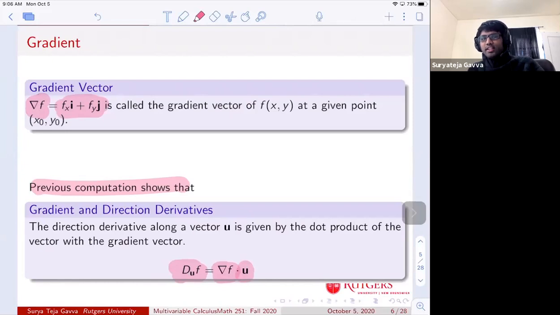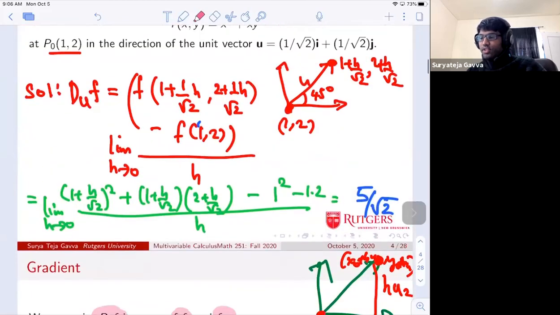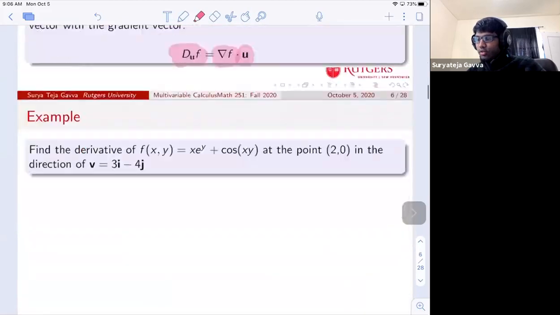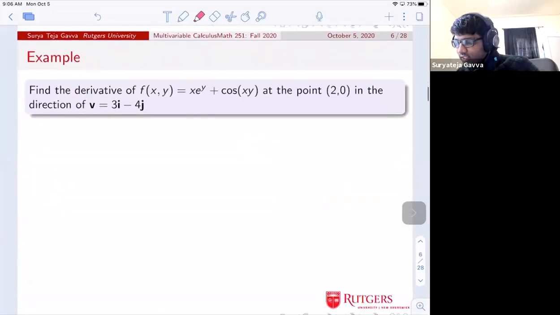So the directional derivative of any function, if you know the vector, you can get it just from the information about the partial derivatives. You don't need to compute the limit like previously. If you just compute the partial derivatives, you can compute the directional derivatives. Okay, let's see an example.